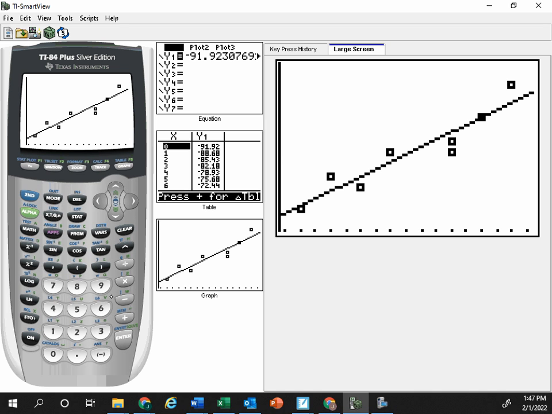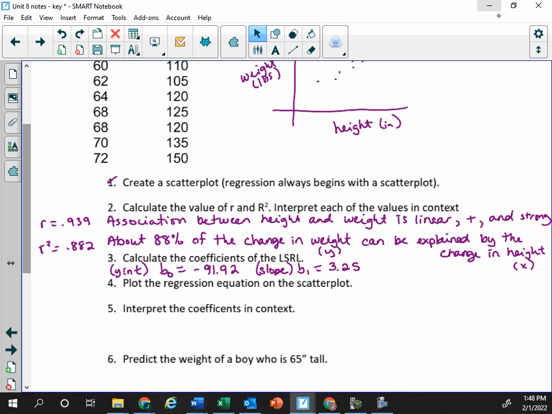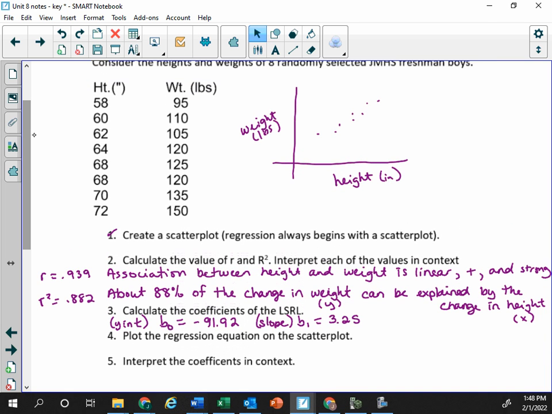We're not doing a lot with this, but again, it's confirming that yes, you have the right equation for what we plotted, because it looks like it fits pretty well. And you can sketch it in on yours if you would like. Just draw your line as best you can.